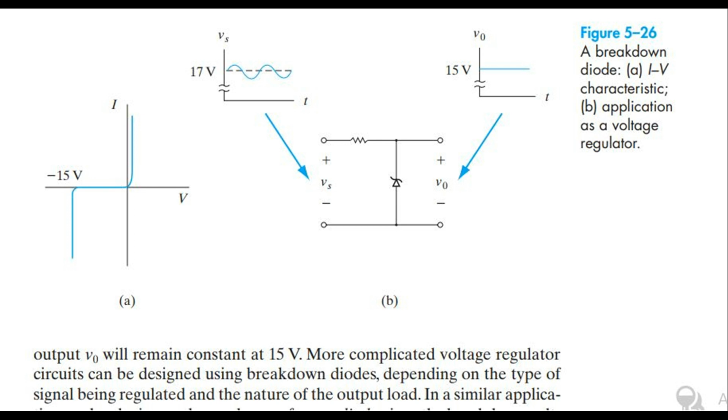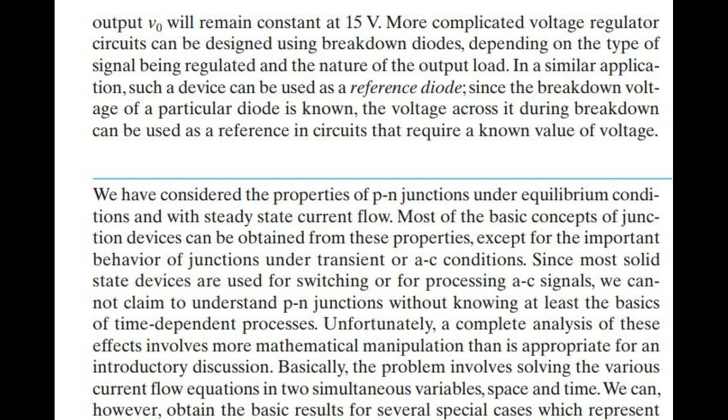We have considered the properties of p-n junctions under equilibrium conditions and with steady-state current flow. Most of the basic concepts of junction devices can be obtained from these properties, except for the important behavior of junctions under transient or AC conditions. Since most solid-state devices are used for switching or for processing AC signals, we cannot claim to understand p-n junctions without knowing at least the basics of time-dependent processes.